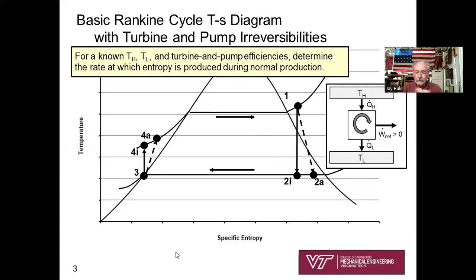Also you'll see on my TS diagram here, I'm showing that both the turbine and the pump are adiabatic but irreversible, thus the dashed lines.